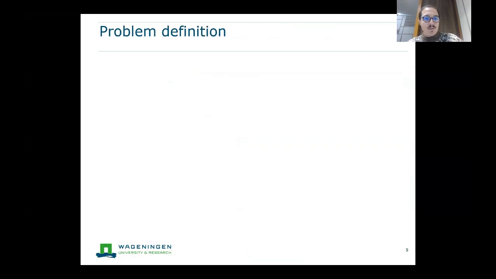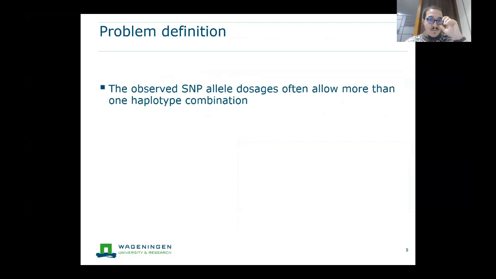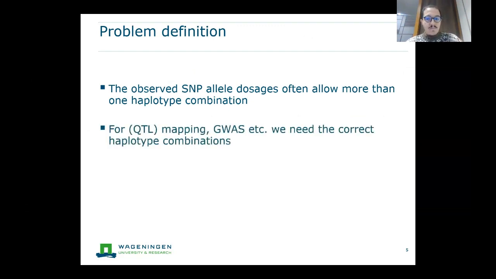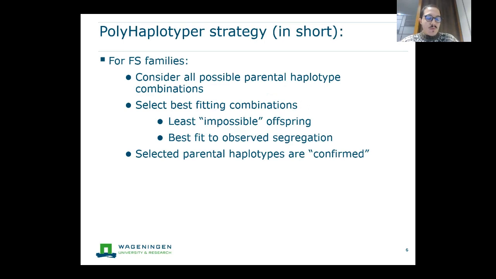Yeah, this is what we just talked about. So the way that Polyhaplotyper tries to solve this is by observing, for each haploblock that you define, all the possible combinations of haplotypes that would make these dosages. And we need to find which are the correct combinations. The way to solve this problem is to look at the full sib families. So you look at the segregation across different individuals, and then you always end up finding some individuals that only have very few possibilities.